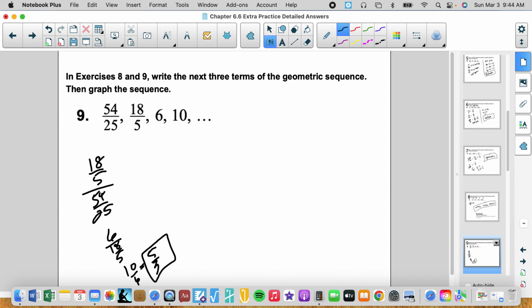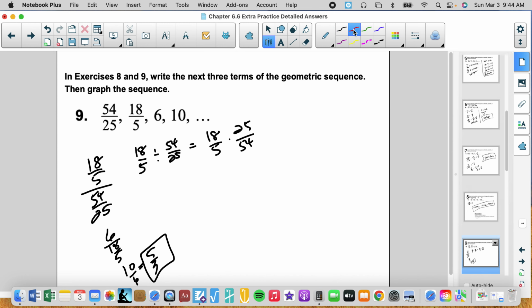We're going to assume that that's 18/5 divided by 54/25, which is 18/5 times 25/54, and that cancels to 5 and 1. That's 1 and 3, so that equals 5/3. Okay, and that should be 5/3 also.